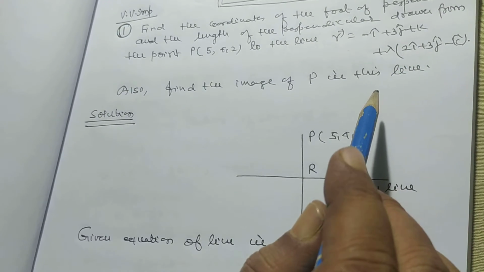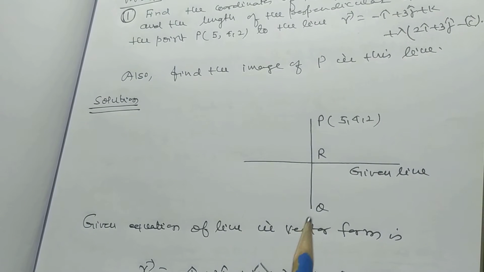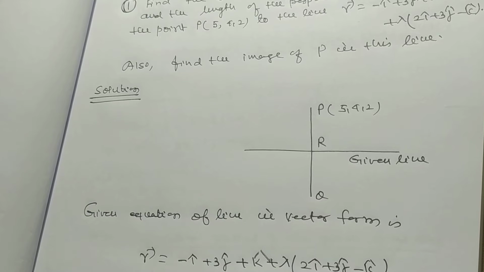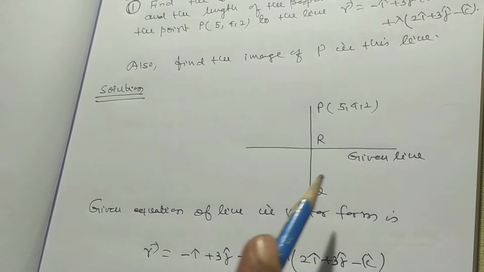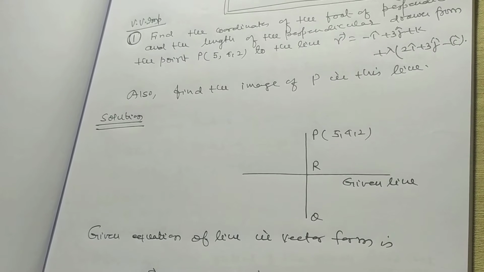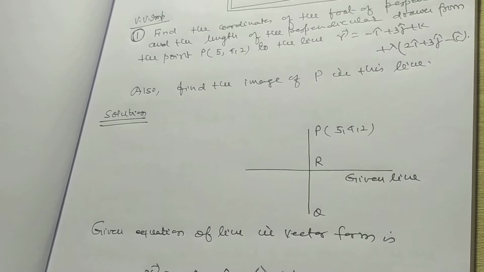This is the equation of the line. So, first we take the equation of the line, which is given. Now we convert it into Cartesian form.